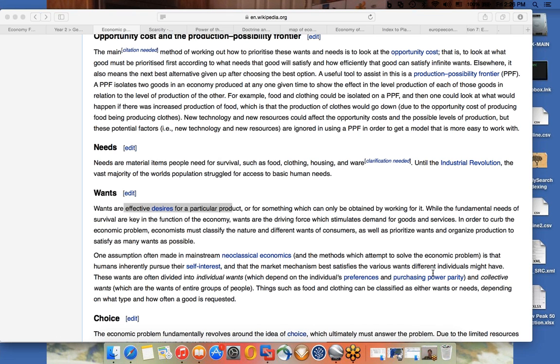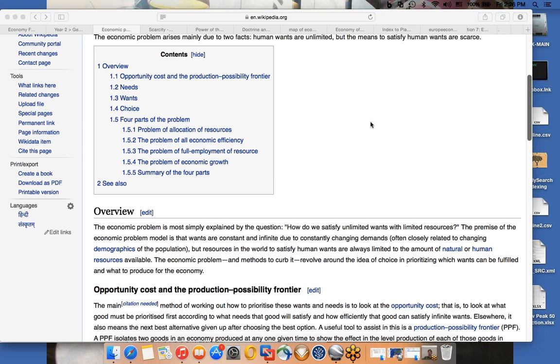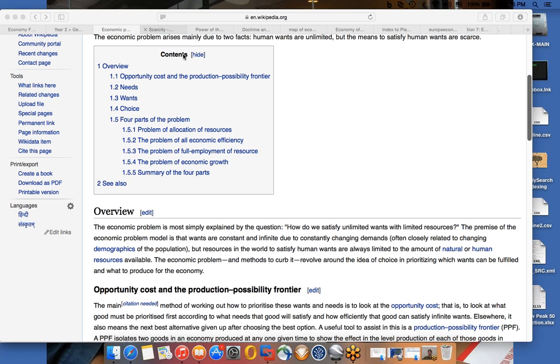Actually, in my account, you just pay a ton of money for that water. It's the same water as this one that I have here for nothing. So you see how the economy moves. So here we talk about the economic problem.